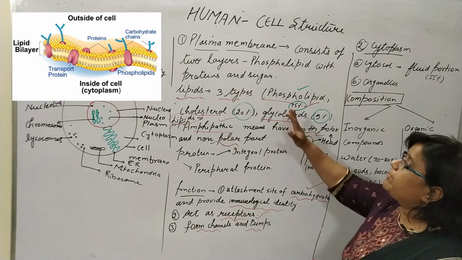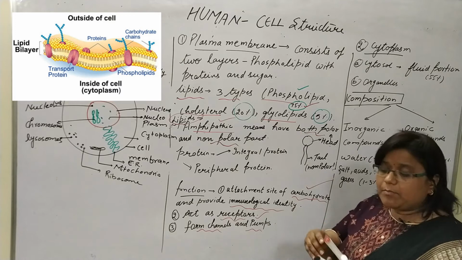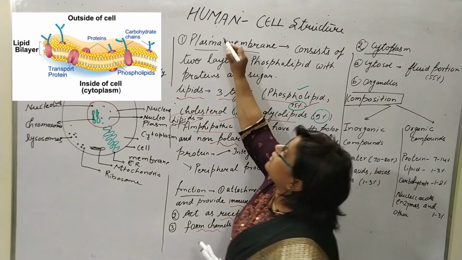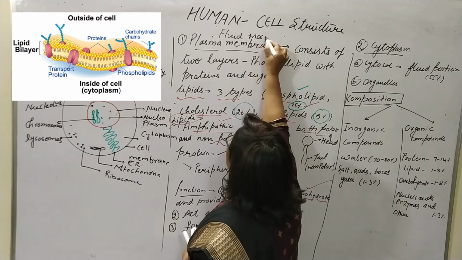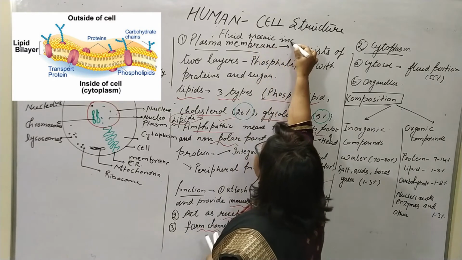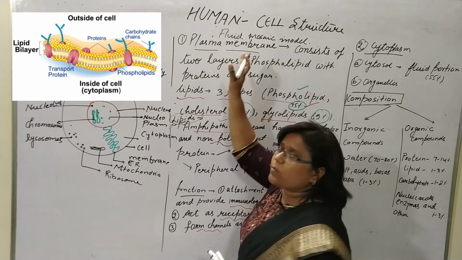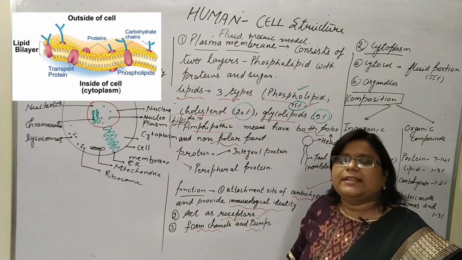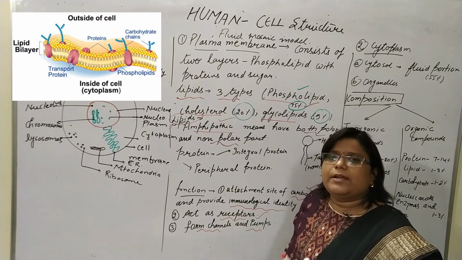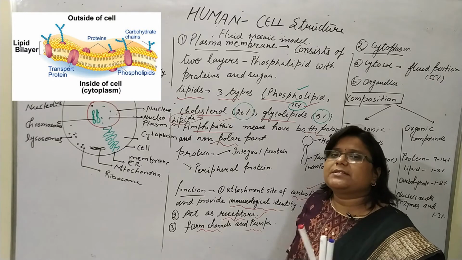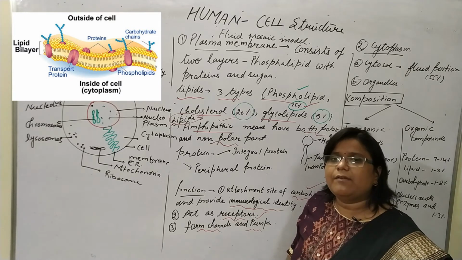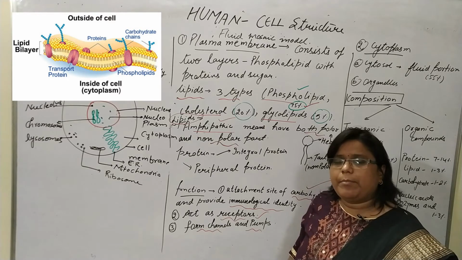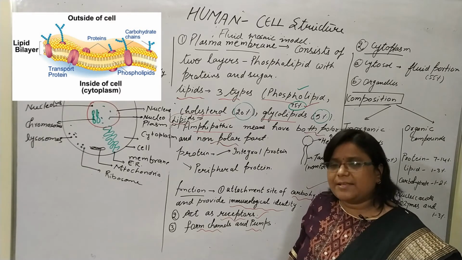So here the model of the plasma membrane is the fluid mosaic model, which was given by Singer and Nicolson. What does the word fluid mosaic represent? In the fluid, other molecules are present in mosaic form. Mosaic means they are not completely dissolved or completely embedded; they have flexibility.